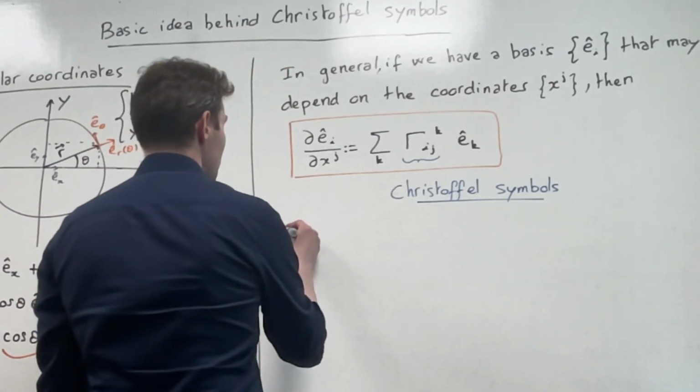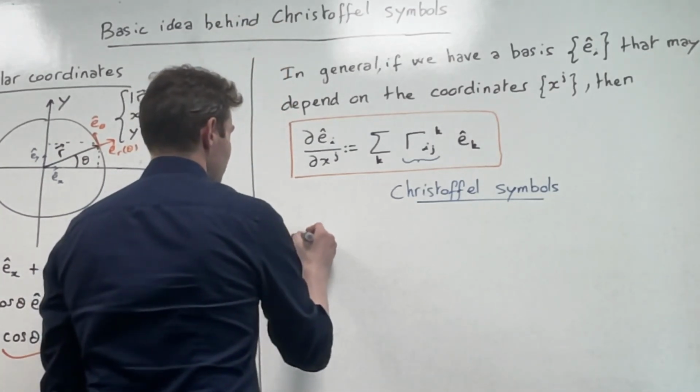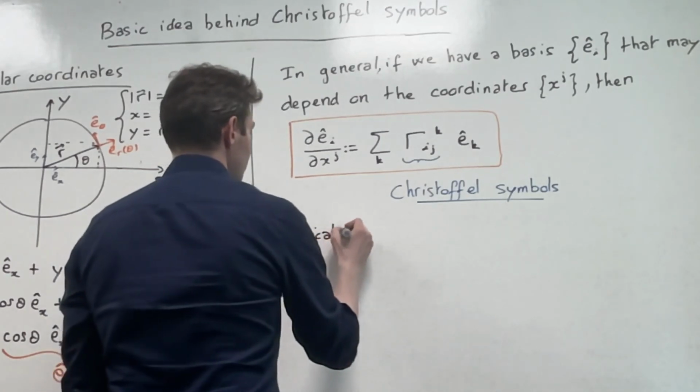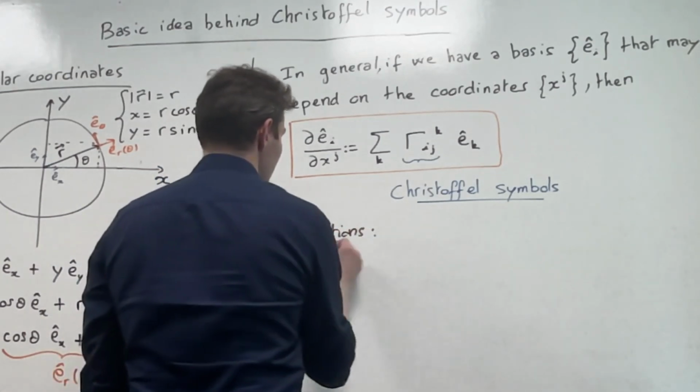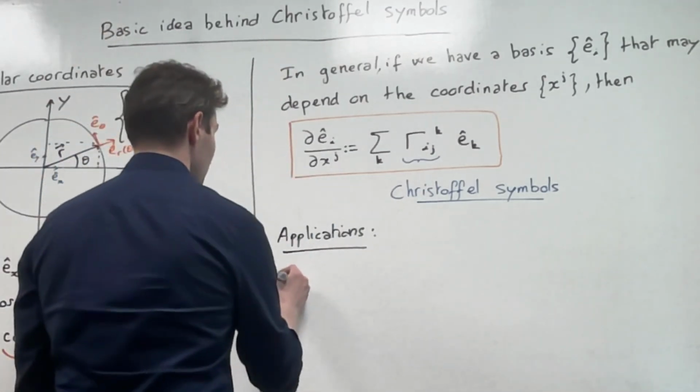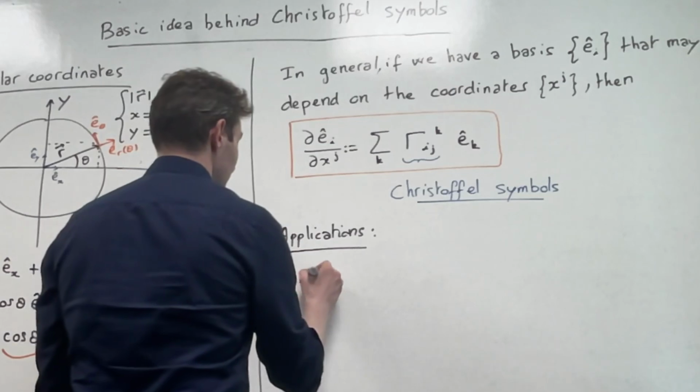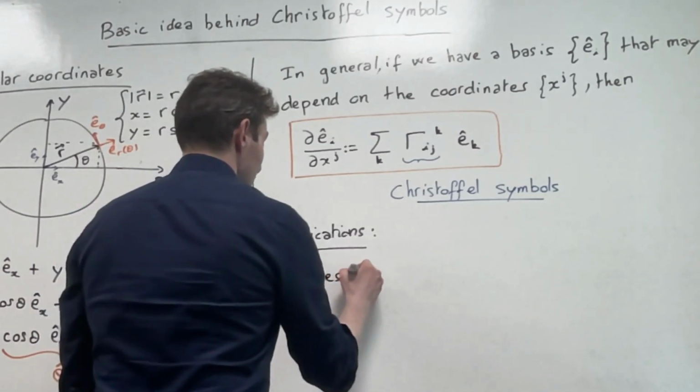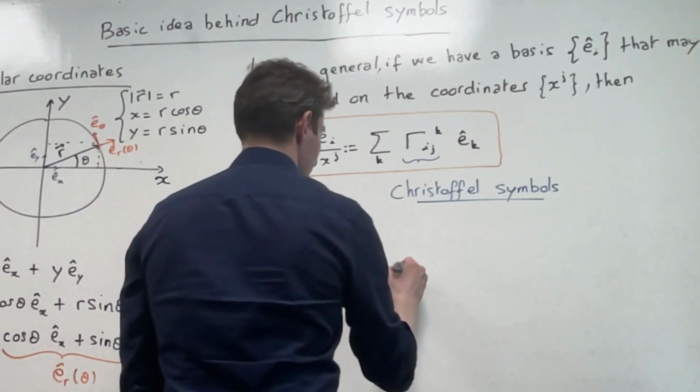So basically, let's look at application. And this is just to show you again that this is actually fairly easy to do. So the first one we are going to look at, and it is going to be fairly straightforward, is a Cartesian basis.